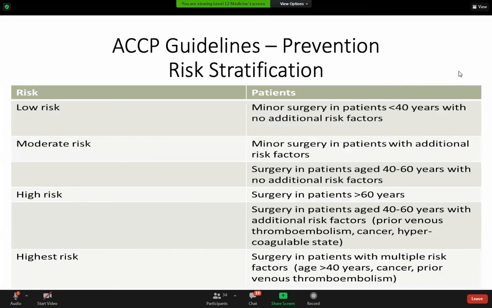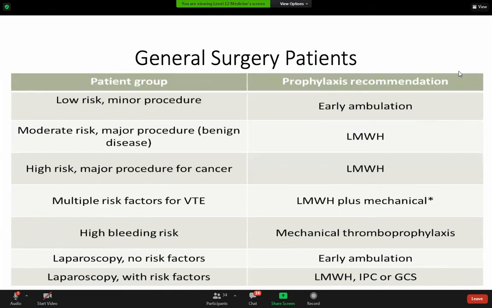Other tables you don't have to remember exactly, I just need you to remember that for any admitted or hospitalized patient, there is a risk of DVT, and in any hospital there will be a protocol or guideline classifying the patient as either low risk, moderate risk, high risk, or very high risk. Based on this risk we give the dose of prophylactic anticoagulation.